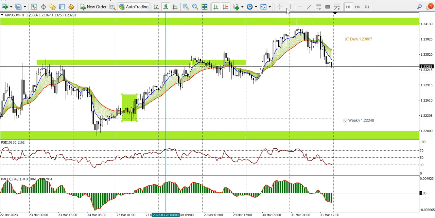It is a kind of V-shape recovery. And if we open this buy trade, we could have gotten at least 1 hour profit here.